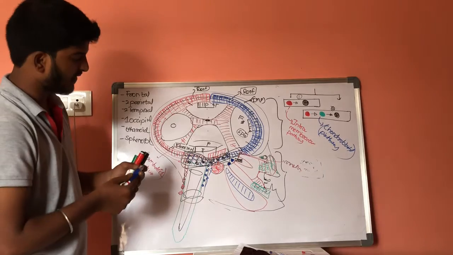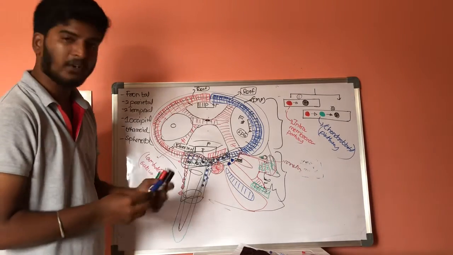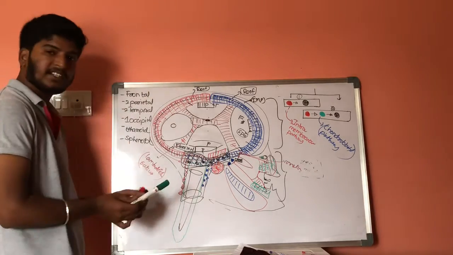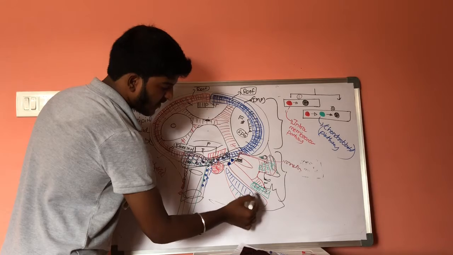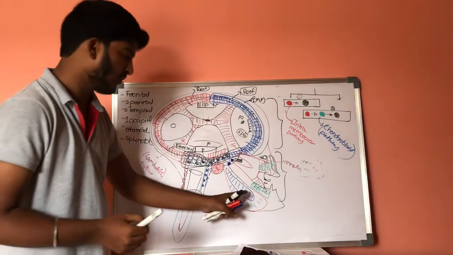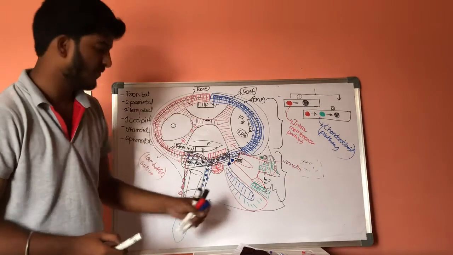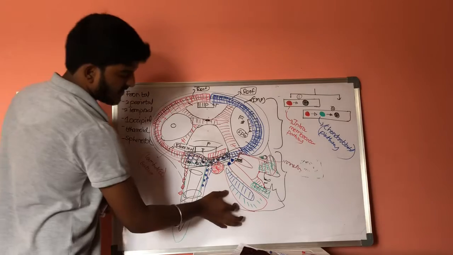Now, this cartilage will not convert into a bone-like structure, but there is a special mesenchyme which is present on the outer sides of this cartilage, and this cartilage will get converted into bony form. This is the second pharyngeal arch.